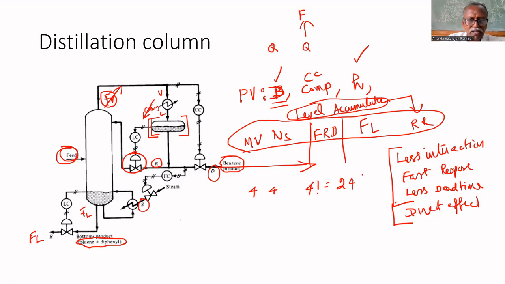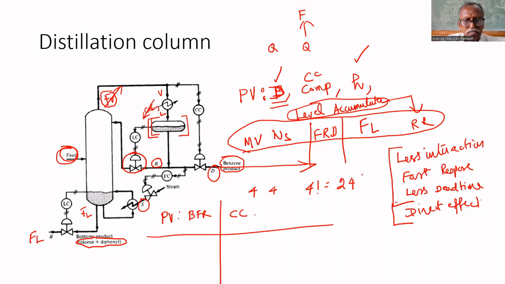Let us see once again what the process variables are. Process variables are benzene flow rate. The second one is composition of benzene. This is to check the quality. Third one is level in the accumulator.